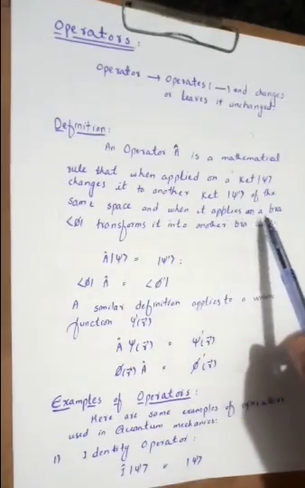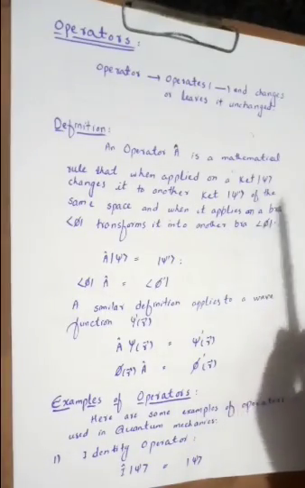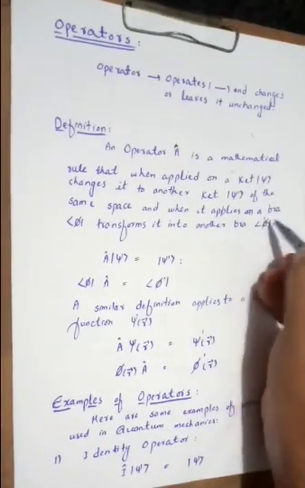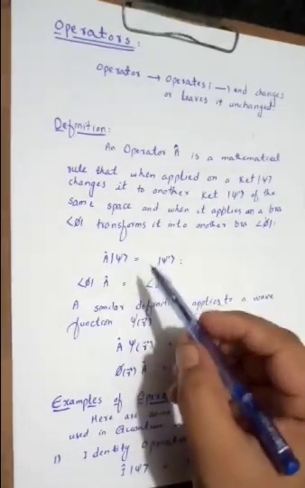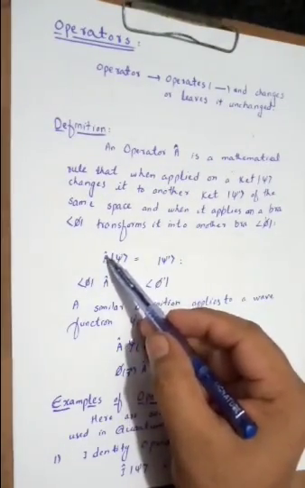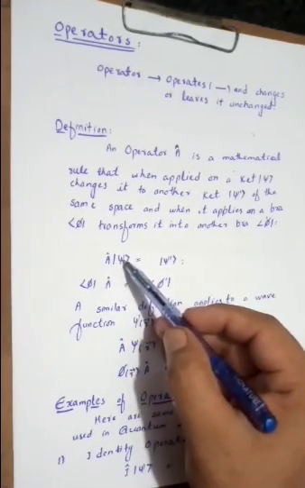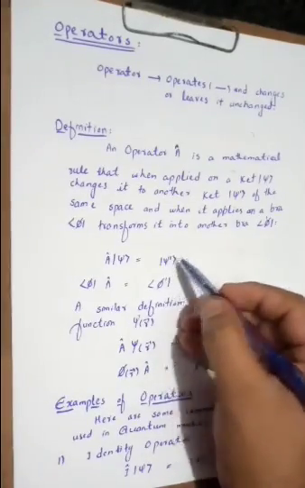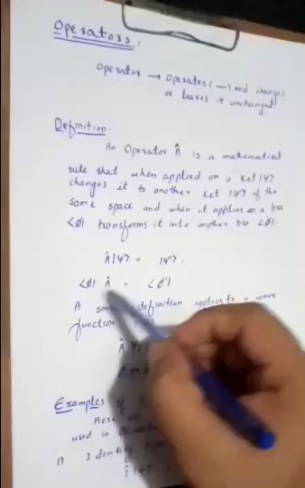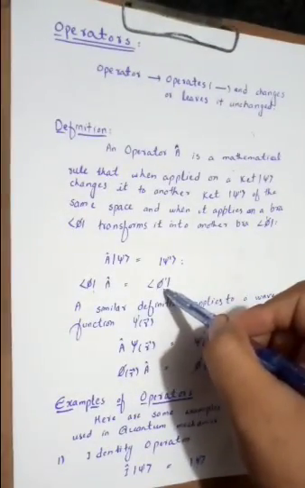And when applied on a bra phi, it transforms it into another bra phi prime. That is, when an operator denoted by a hat operates on the state vector psi, it converts it into psi prime, and similarly bra phi into bra phi prime.